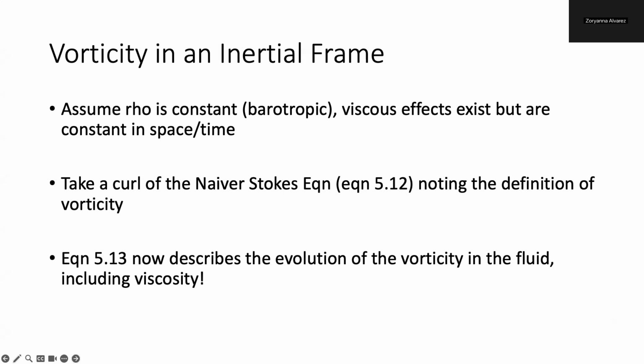So let's say you start with a really tightly packed bundle of vortex lines in some vortex tube. And you just wait. They're just going to slowly diffuse out of the tube. That's the process of diffusion in the fluid.